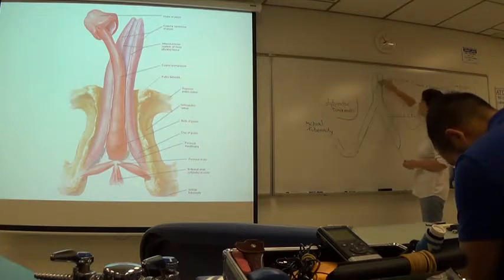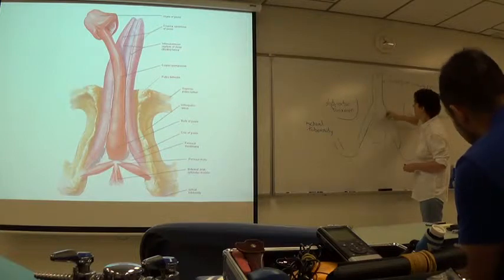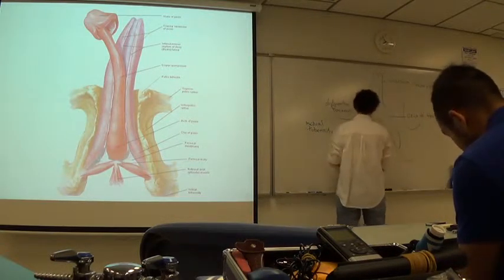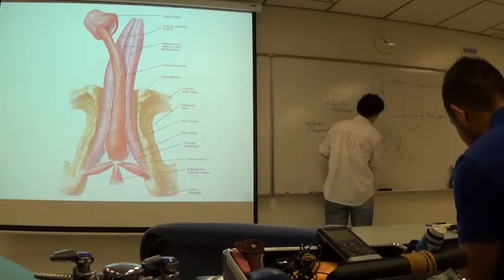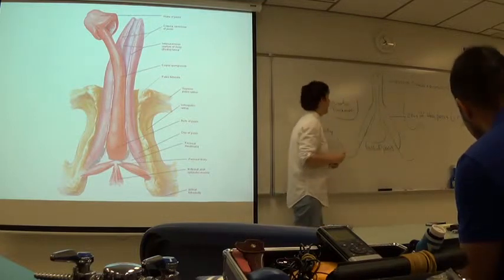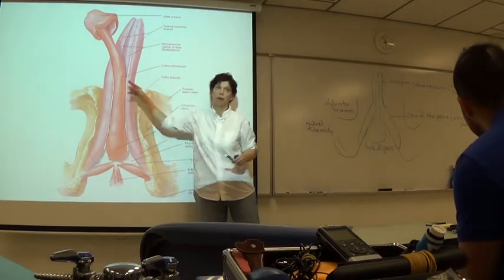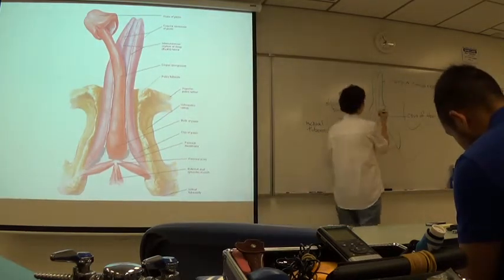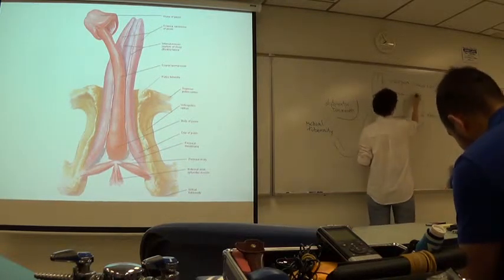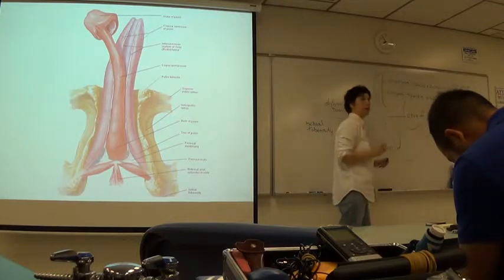And the bulb is ventral. And we have just one body. That's what you're seeing right here. So just corpus spongiosum.